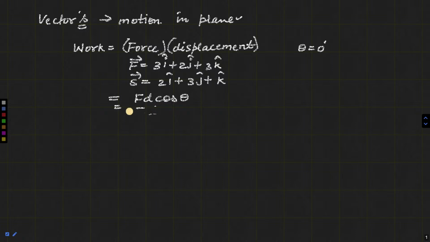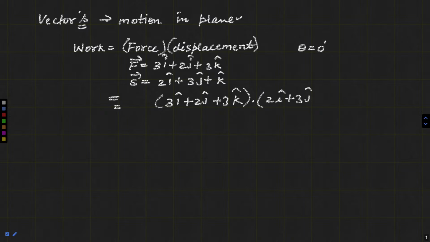So just take the dot product between F and D. So you will get F, 3 i cap plus 2 j cap plus 3 k cap, dot S, which is 2 i cap plus 3 j cap plus k cap. Now what is the answer? 3 into 2 is 6, plus 2 into 3 is 6, plus 3 into 1 is 3, so it is equal to 15.